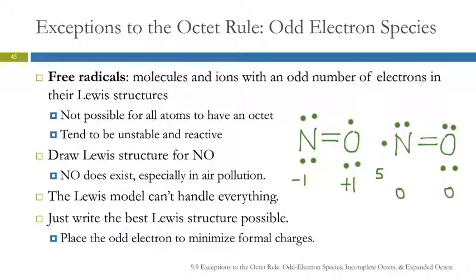Well, it brought 5 in, and when it leaves, it's got 1, 2, 3, 4, 5. 5 minus 5 is 0. Okay. So this tells us that this is the best of those Lewis structures, because it's got the lowest formal charges. Any questions?